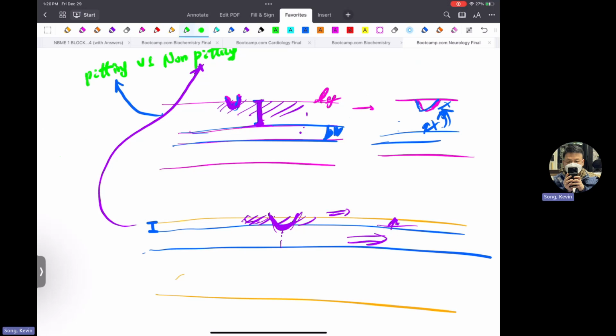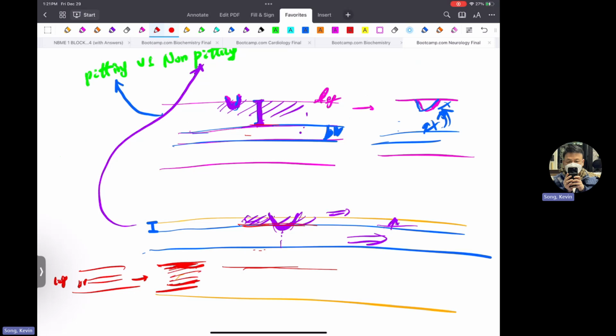Another thing you could think of is a blood vessel that is too wide. Say this is a leg, and the blood vessel is here, and it becomes very, very large.